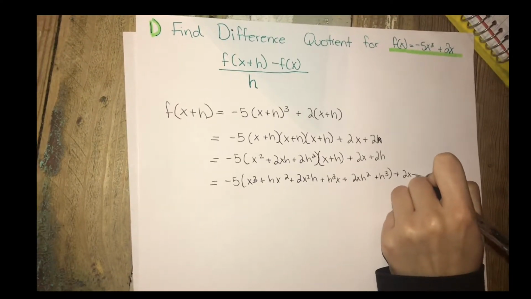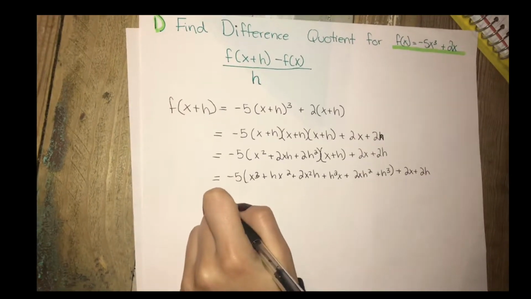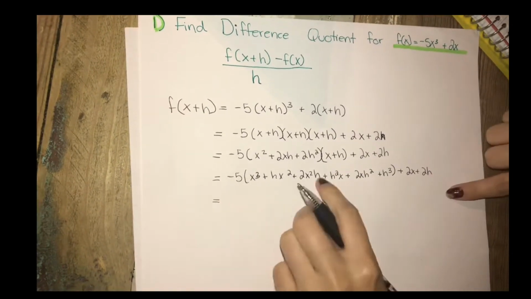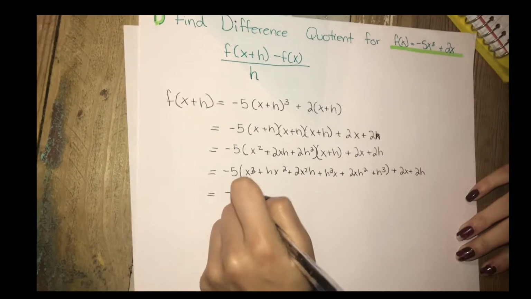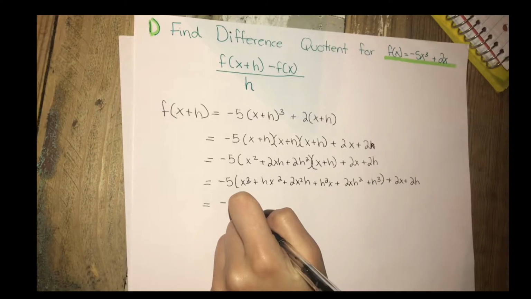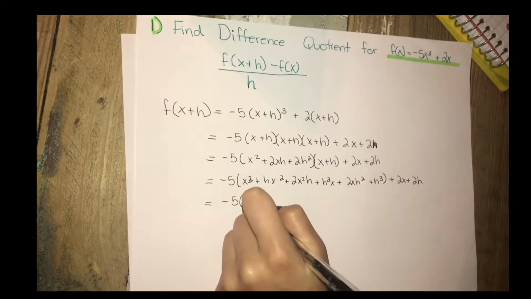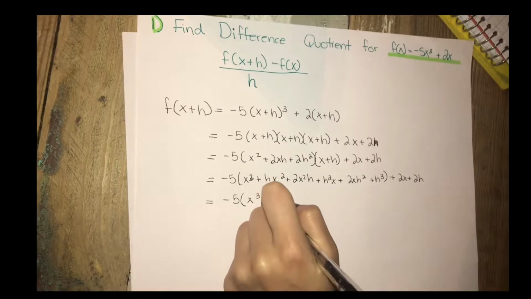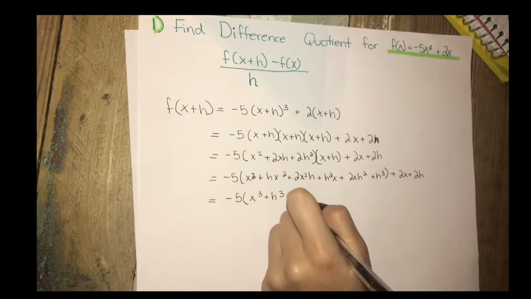Next, what you need to do is bring down and combine all like terms. So it would be negative 5 parentheses, and since x to the third power is by itself, you would just keep it there and bring it down since you can't combine it with anything else. And h to the third power is the same thing.